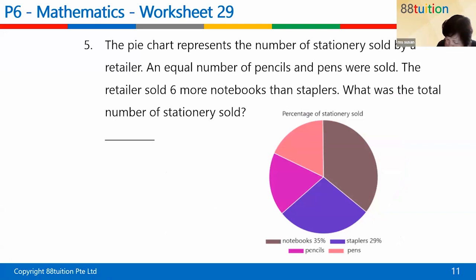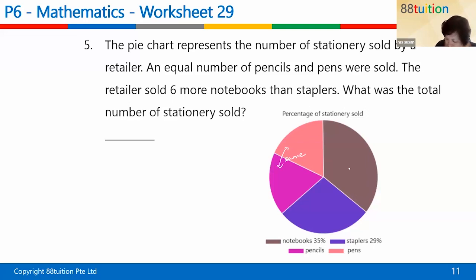Pen and pencil, so this and this are the same. And then the retailer sold 6 more notebook. So where's the notebook? Then the stapler. What was the total number of stationeries sold?